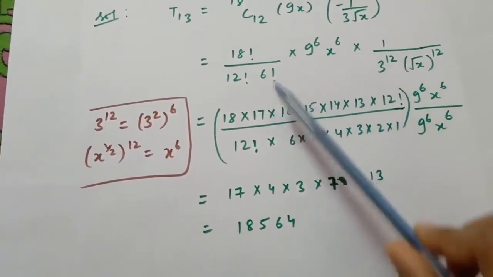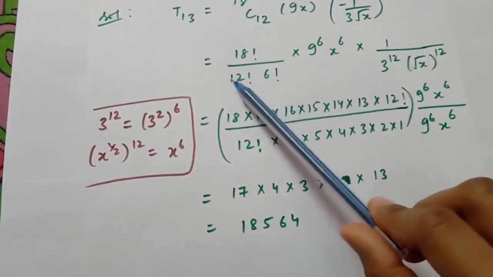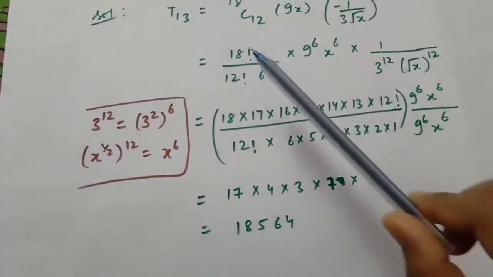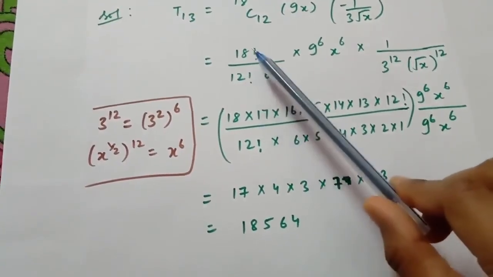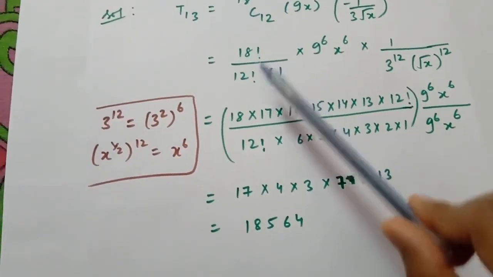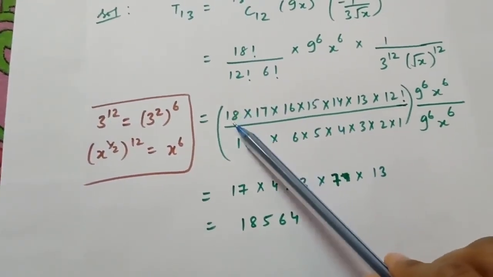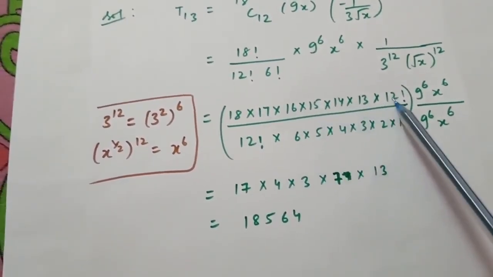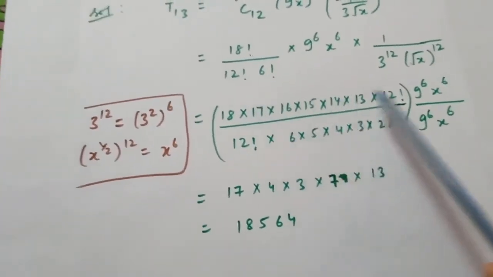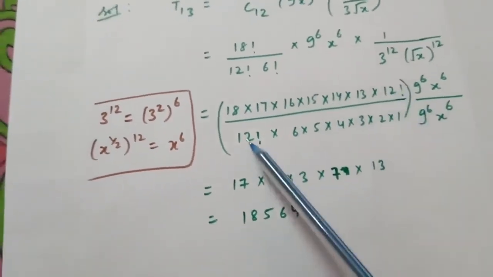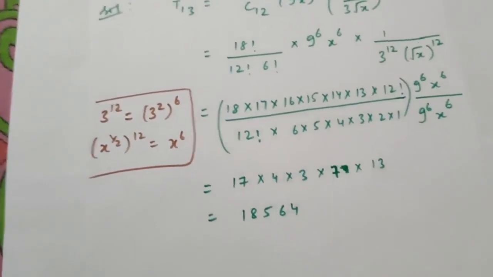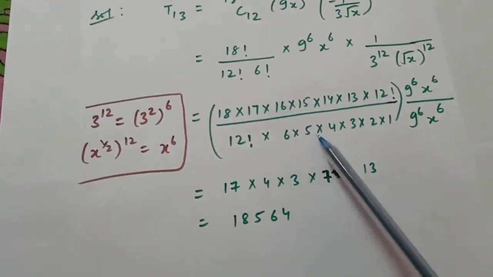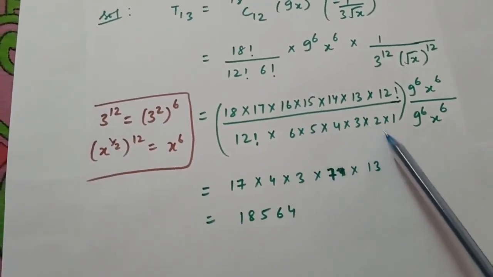Because here in the denominator it is 12 factorial, and 18 is larger than 12, we will write 18 factorial as 18 into 17 into 16, 15, 14, 13 into 12 factorial. So that 12 factorial gets cancelled. Also writing the 6 factorial, 6 into 5 into 4 into 3 into 2 into 1.